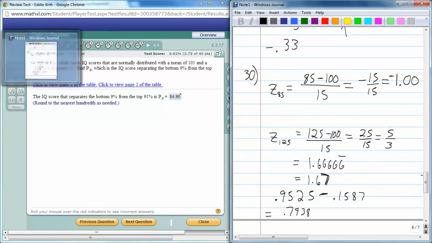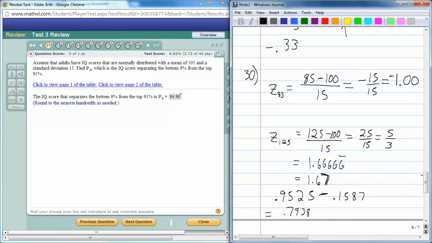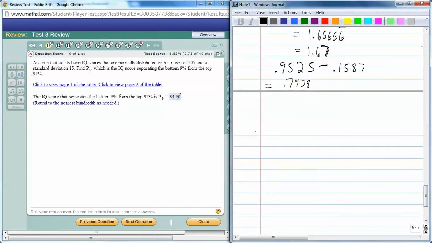All right, so let's draw a picture of that. So if we have our bell curve here, we want to know the 9th percentile. So how do you write 9% as a decimal? 9% is 0.09, right? So that is an area.